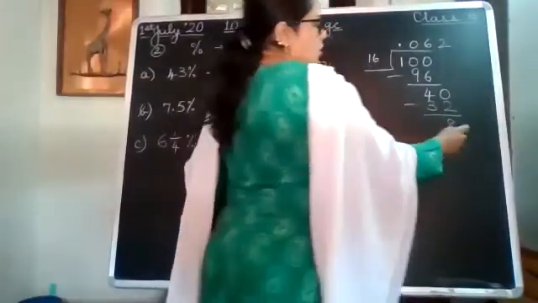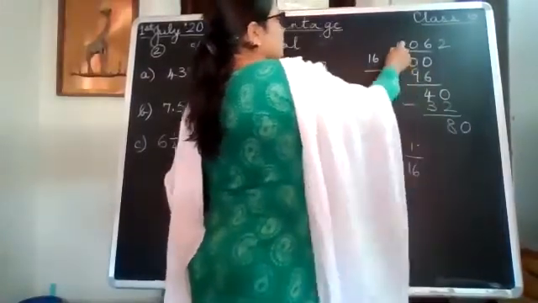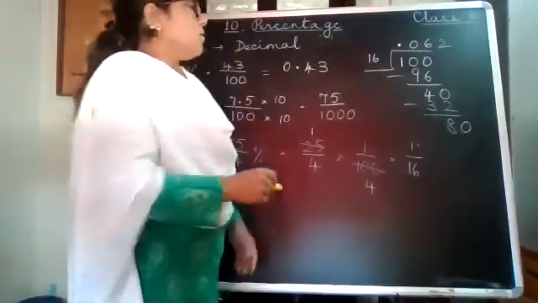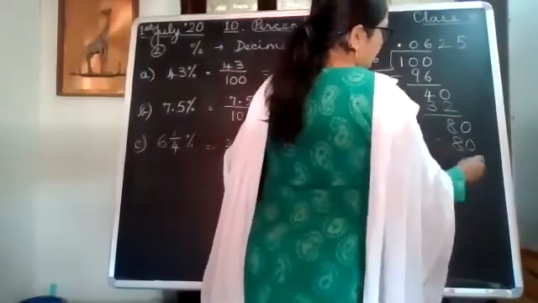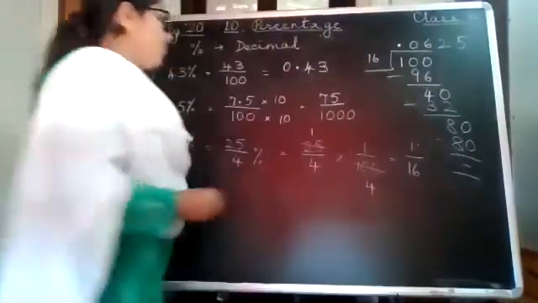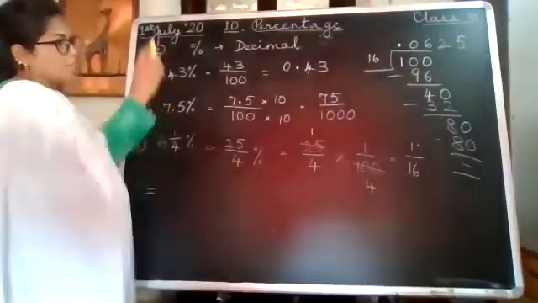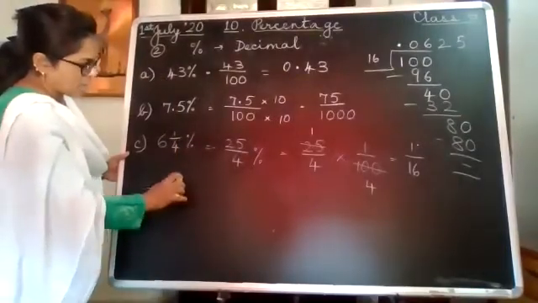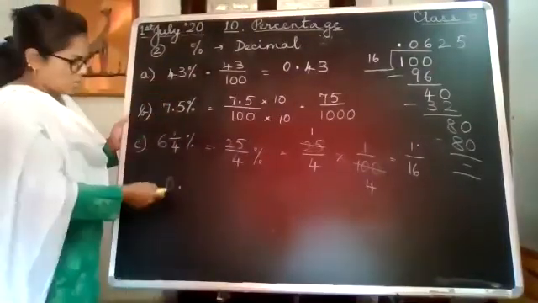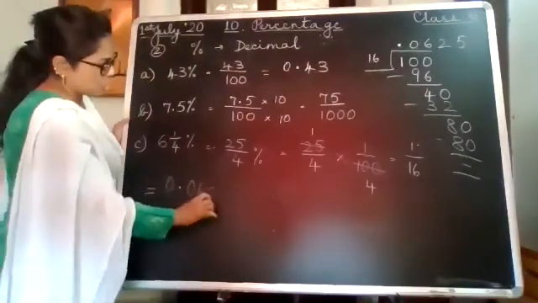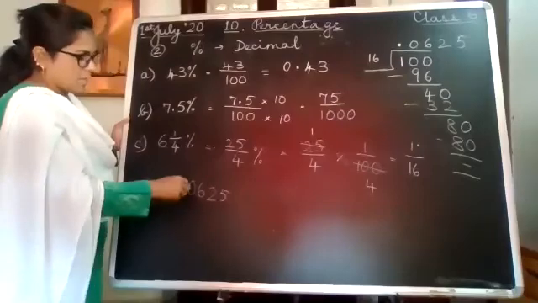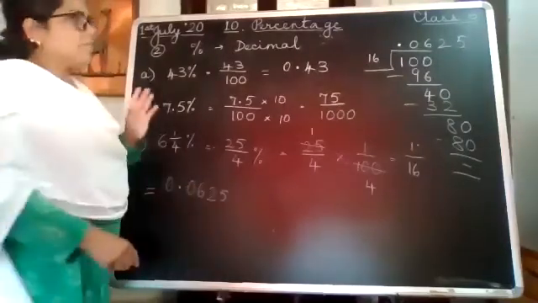Again in this step also I can put a 0. Now 16 5s are 80. So as a decimal number it will become 0 point. There is no whole number at all, so I wrote a 0 here. 0.0625. 0.0625 in decimal.